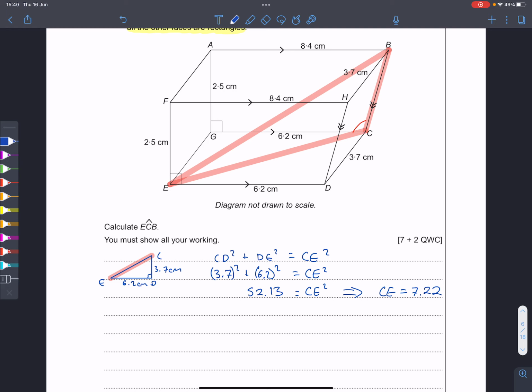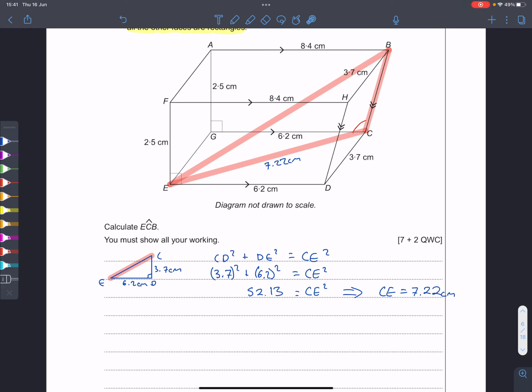So that's centimeters. So I now know, I found out that this is 7.22 centimeters. So now I'm on my way. I need to find out the other two sides now. So let's see what we can do.